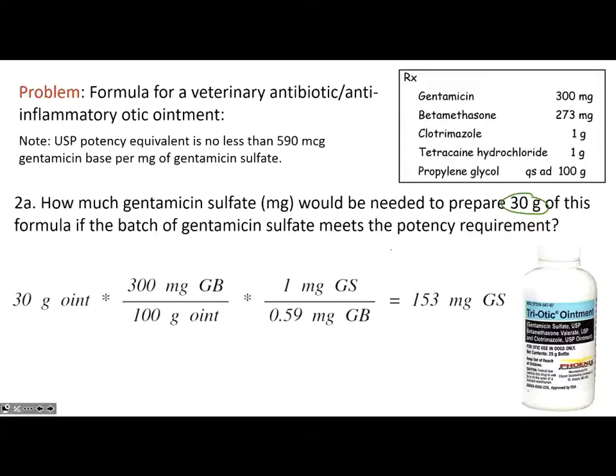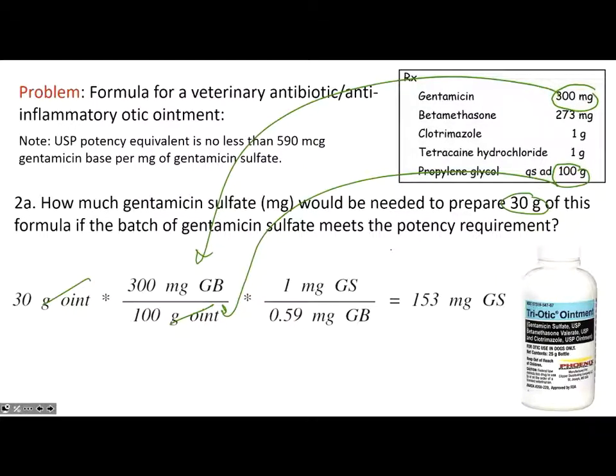So let's just be careful with our units. I want 30 grams of ointment. And since I'm trying to determine how much gentamicin is in there, I can look back in the formula and see that there is 300 milligrams of the base, not the sulfate, but 300 milligrams of the base in 100 grams of the ointment. So my first conversion would be to convert from weight of ointment to the weight of just the gentamicin base.